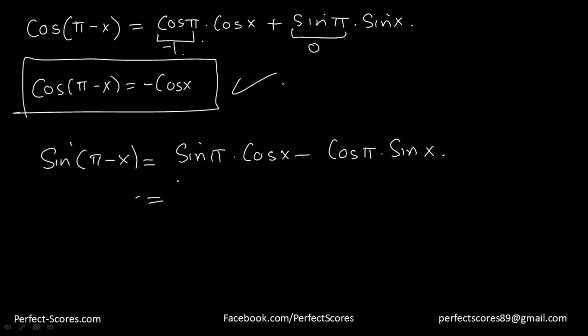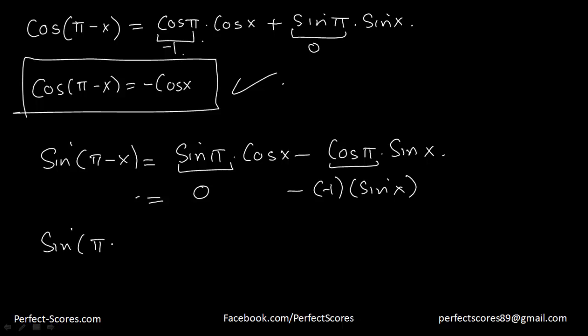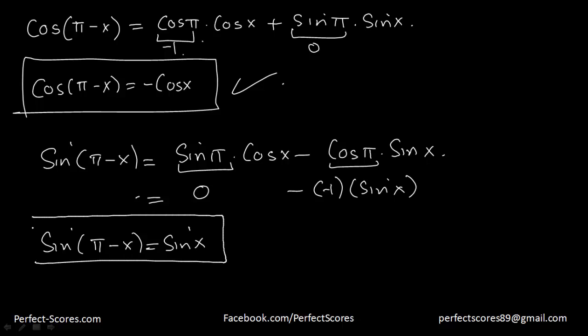So the value of sine pi is 0, so this is 0, minus the value of cos pi, which is -1, into sin x, which means the value of sine of pi minus x is actually equal to sin x. So these are some important results which will actually help you a lot in solving a lot of questions, right?